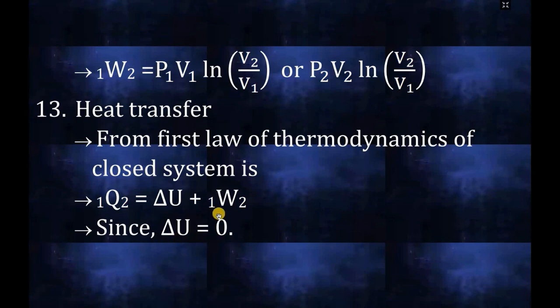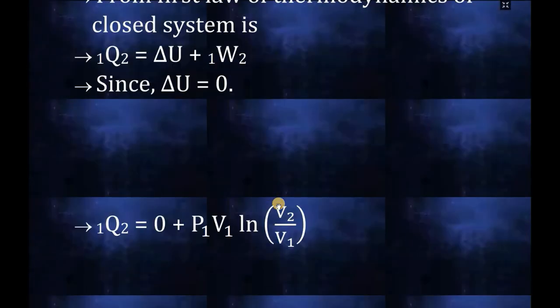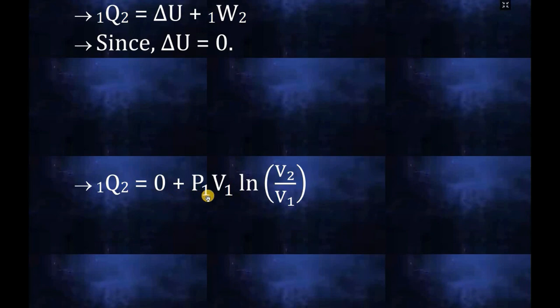And you know 1W2 is P1V1 log V2 by V1 or P2V2 log V2 by V1. So I will substitute P1V1 log V2 by V1. So the next step will be 1Q2 is equal to 0 plus P1V1 log V2 by V1. So 0 plus P1V1 log V2 by V1 is P1V1 log V2 by V1.